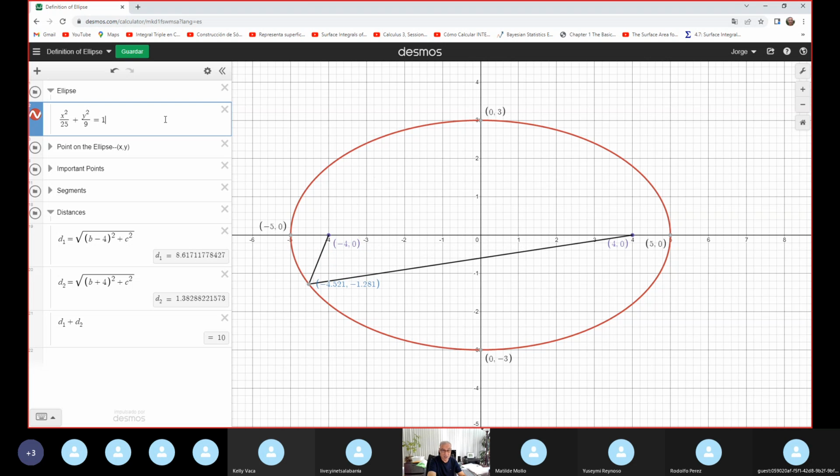The important thing I computed here, on the right hand side, is the distance. Distance 1 represents the segment on the right part, and distance 2 the segment on the left part. The sum of distance 1 plus distance 2 is always equal to 10 in this specific example. You see how distance 1 and distance 2 change in the animation, however the sum doesn't change, it's 10.